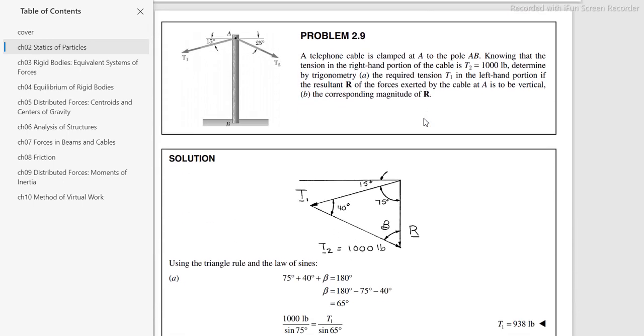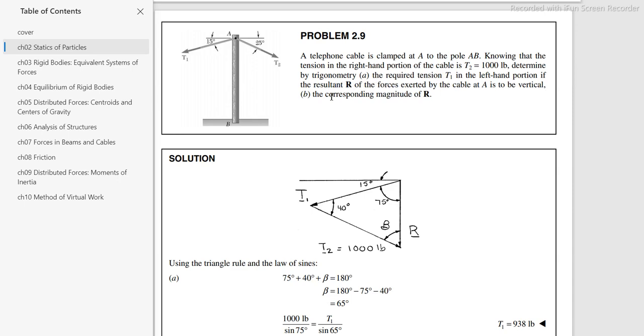Problem 2.9. A telephone cable is clamped at A to the pole AB. Knowing that the tension in the right hand portion of the cable is T2 equals 1000 lb, determine by trigonometry the required tension T1 in the left hand portion if the resultant R of the forces exerted by the cable at A is to be vertical.